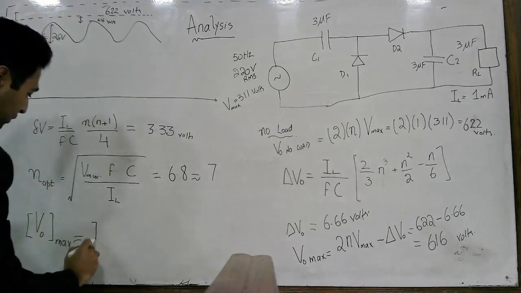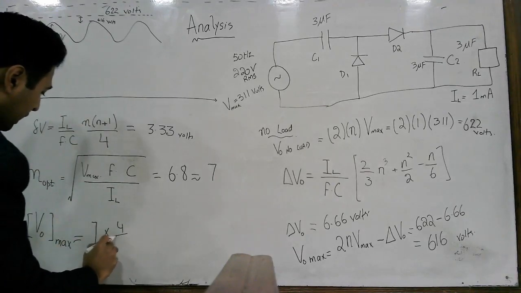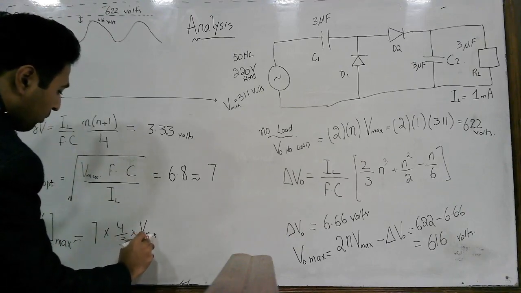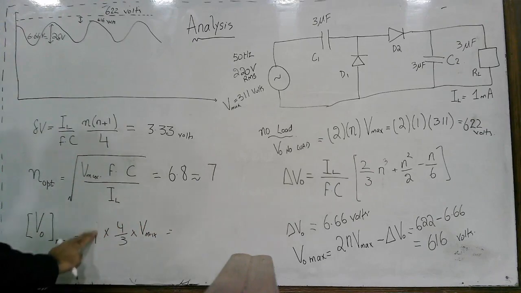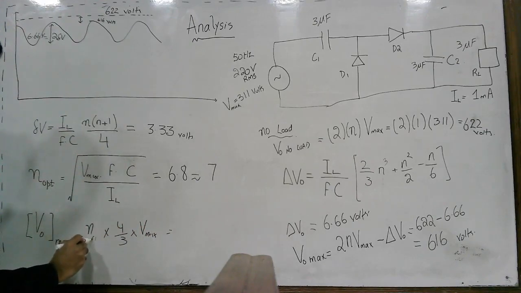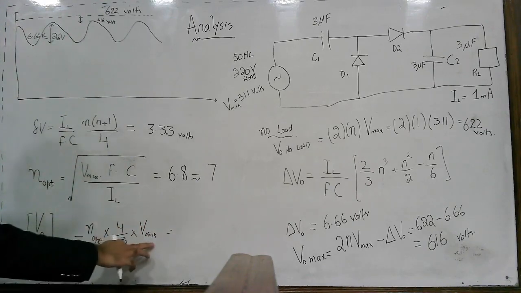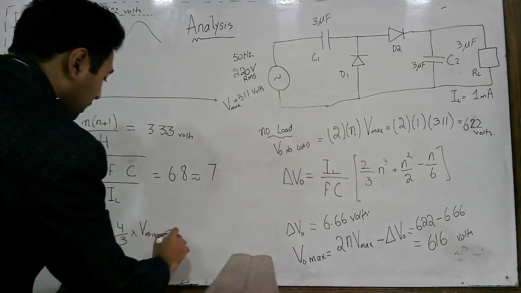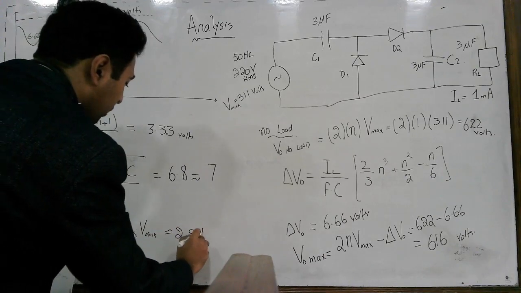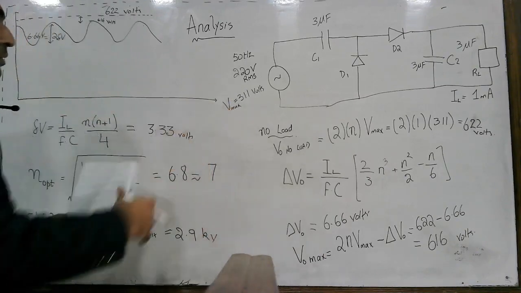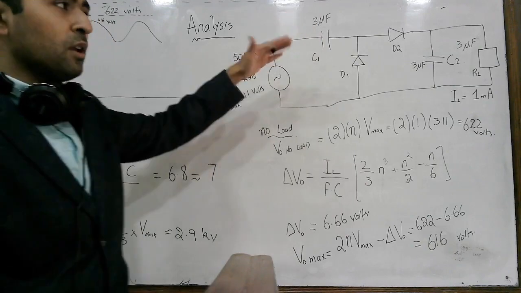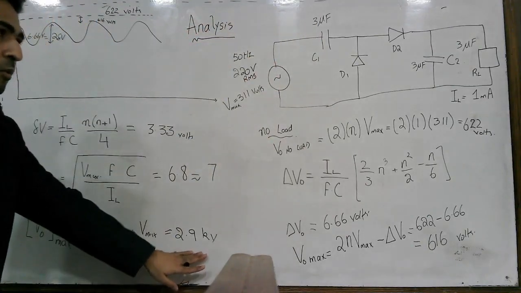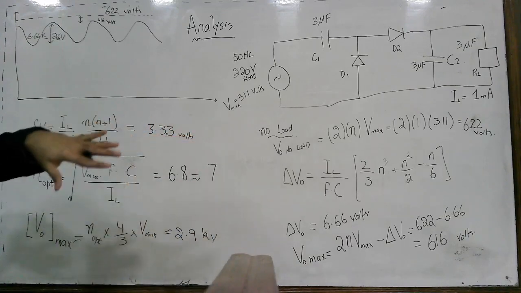It is equal to 7 into 4 by 3 into V maximum, where 7 is N optimum and V maximum is 311. It comes out to be 2.9 kilovolts. You can only achieve up to 2.9 kilovolts, you cannot go beyond that.